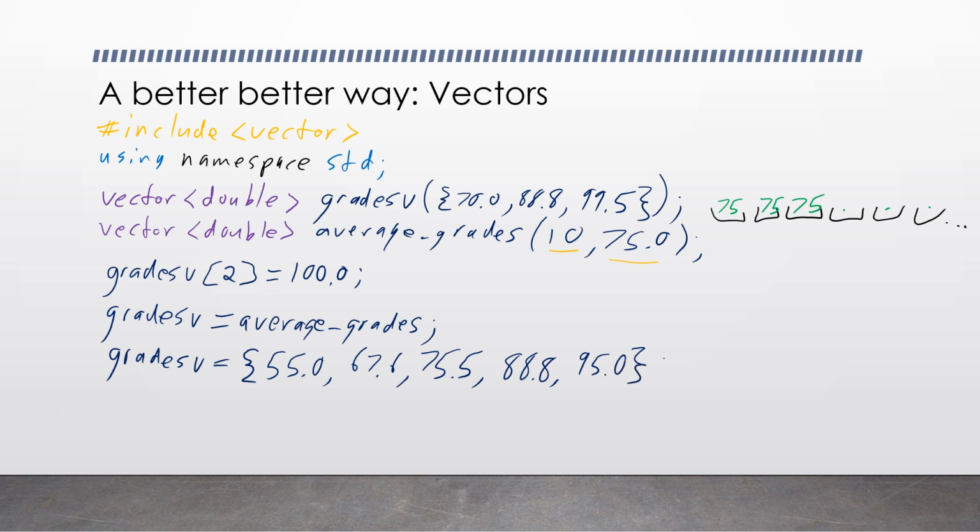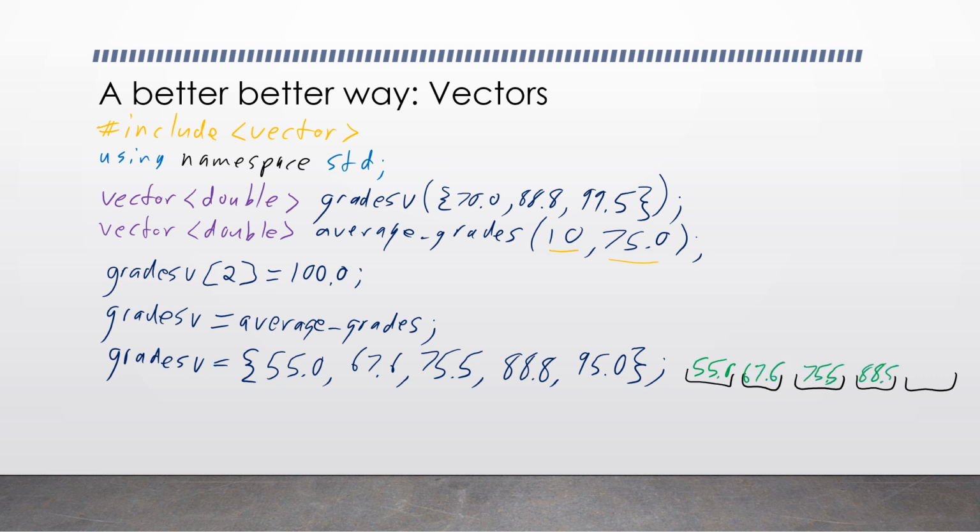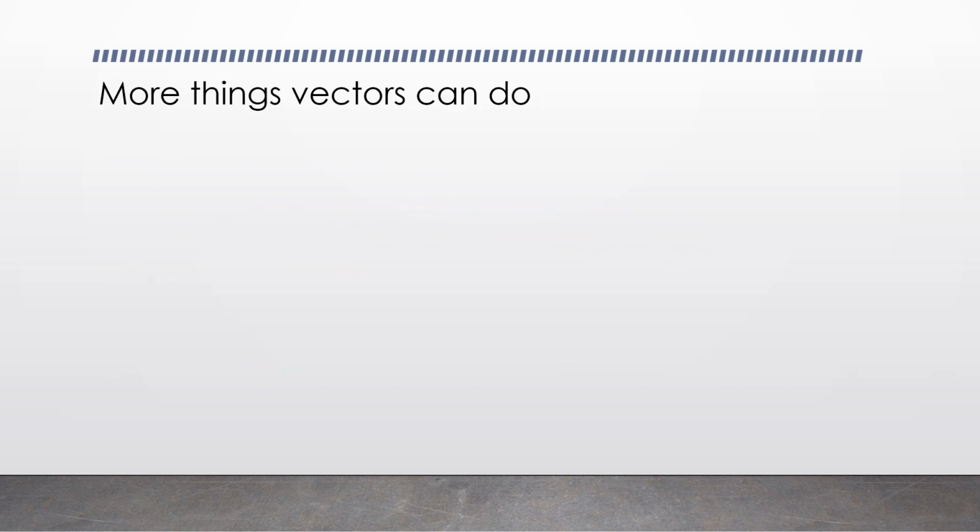I can use another initializer list here, and I can fill up grades_v again, and once again it wipes out everything that I have there and puts 5 new memory boxes and fills them up with 55.0, 67.6, 75.5, 88.8, 95.0. Okay. So you can see you can do a lot more with vectors as far as giving them values than you can with arrays. Okay, there are more things vectors can do.